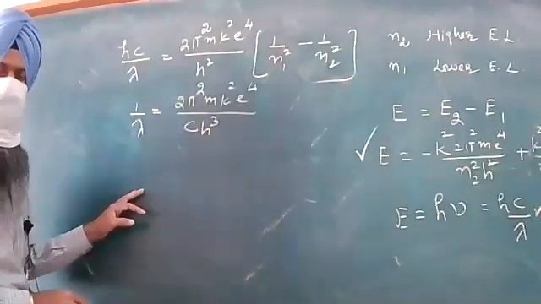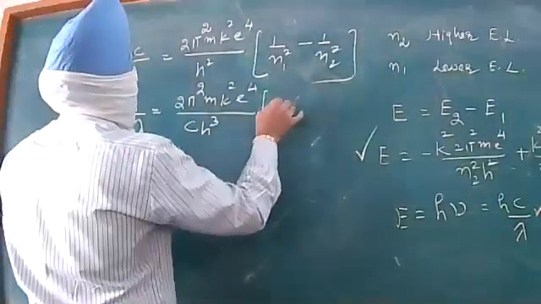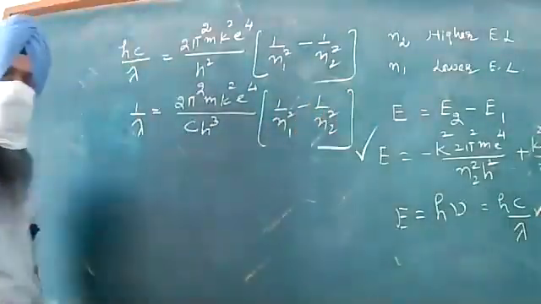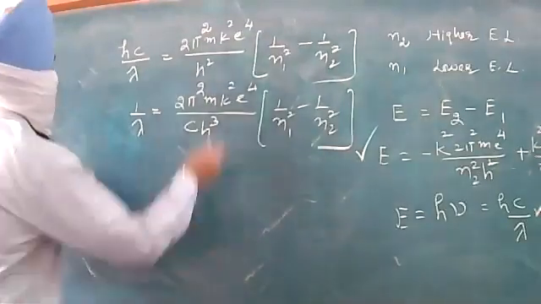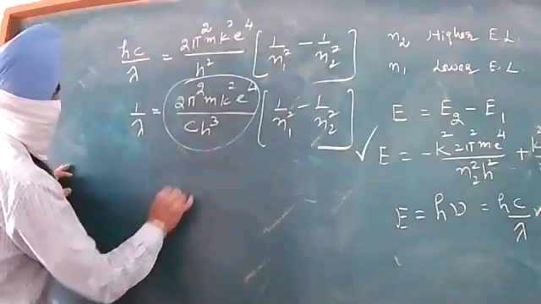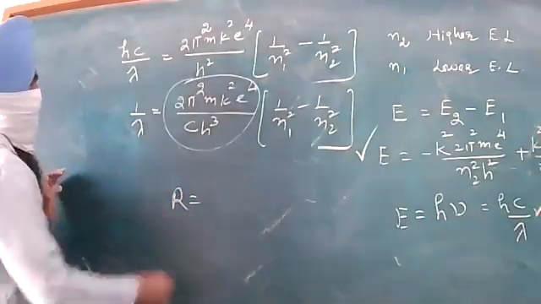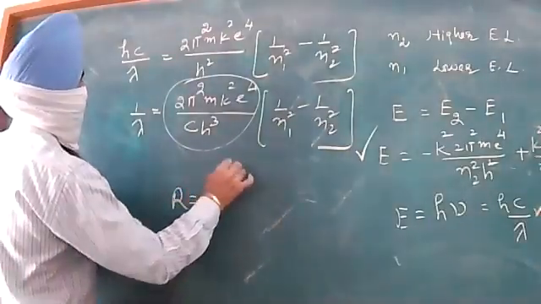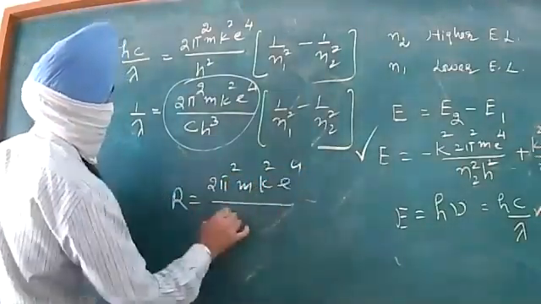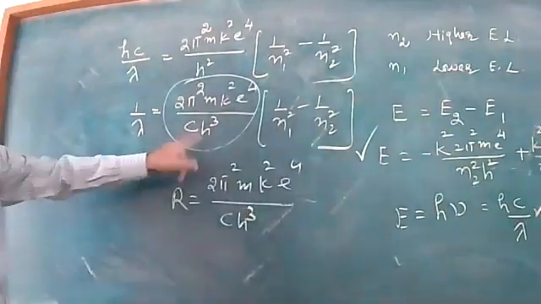It will be there. And dear all, it is 1 by n1 square minus 1 by n2 square. And here this term is called Rydberg's constant, capital R. You must be remembering its numerical value. m k square e4 upon c h cube, I will just write R.